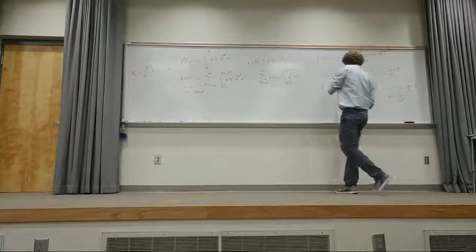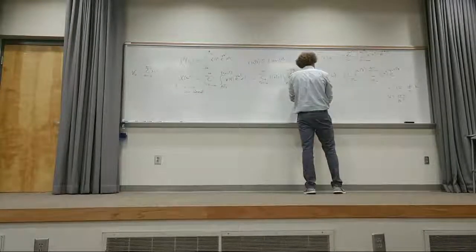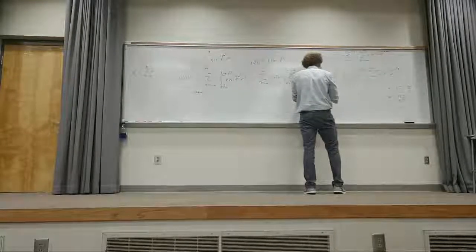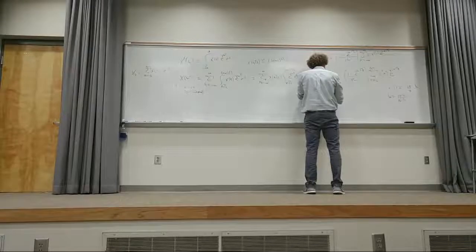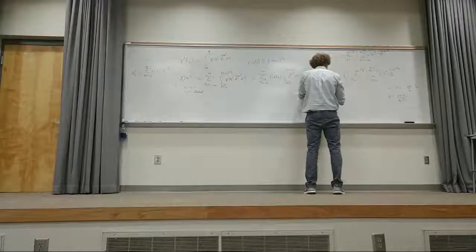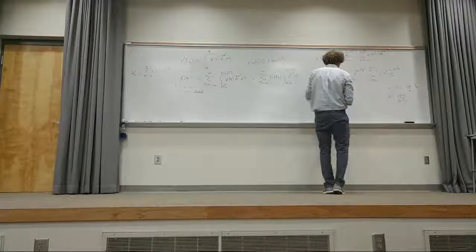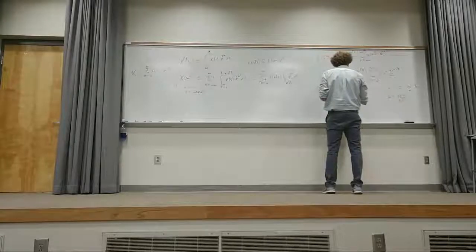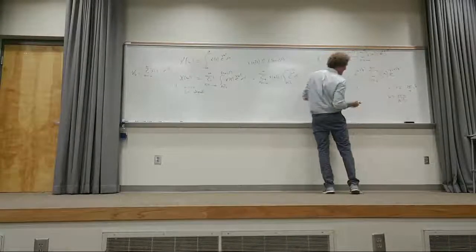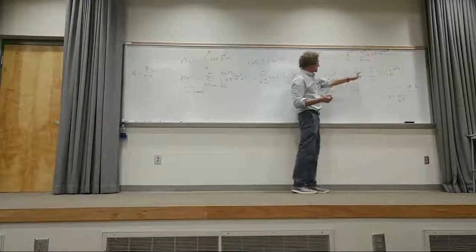So now you can say that instead of having X of omega, I have X of omega equals 2 pi k over NTs, right there, and that's equal to 1 minus e to the minus j, and omega, right there, is 2 pi k over NTs.